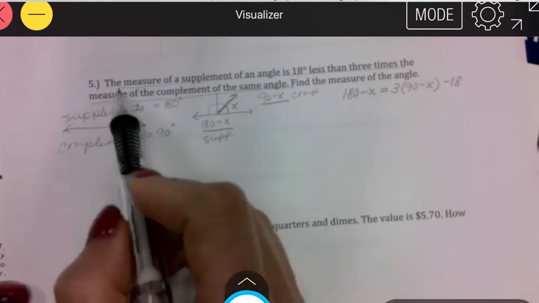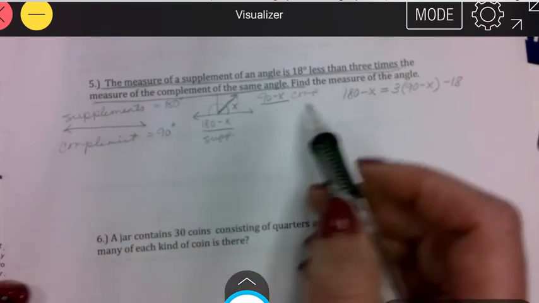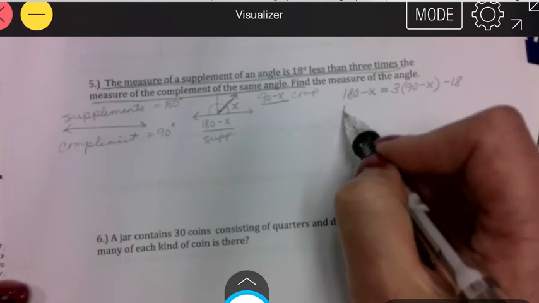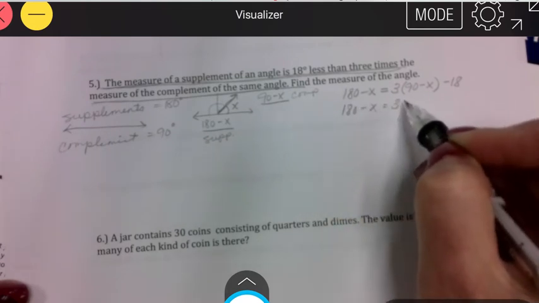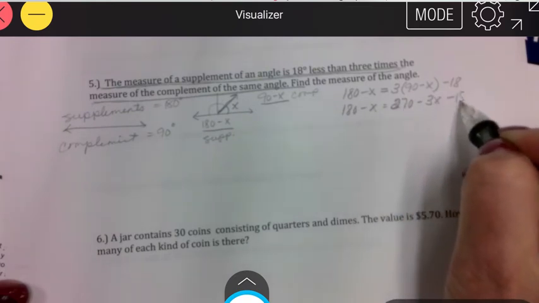Anytime in math you have just a one sentence problem, you tend to be able just to set it up as an equation the way it's written. So 180 minus x is equal to 270 minus 3x minus 18.